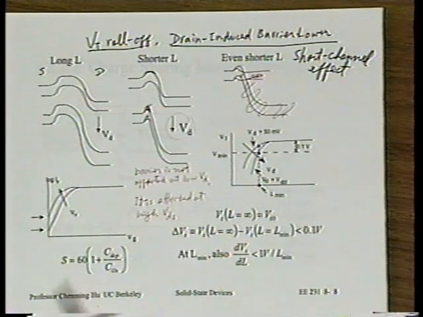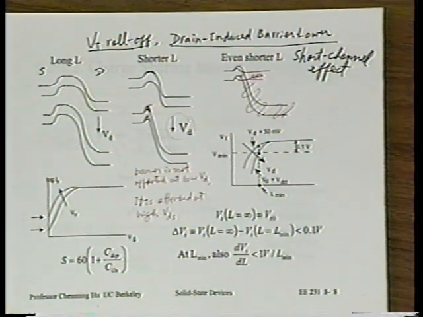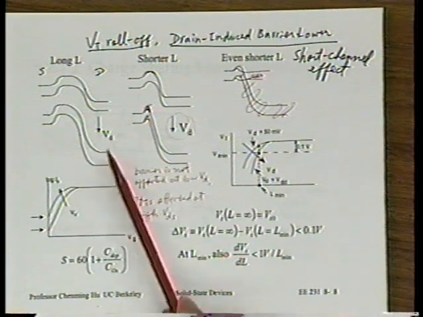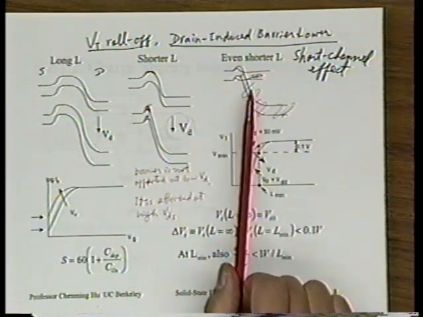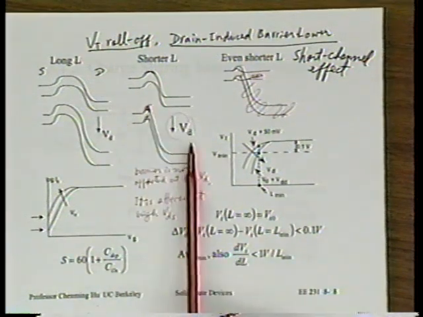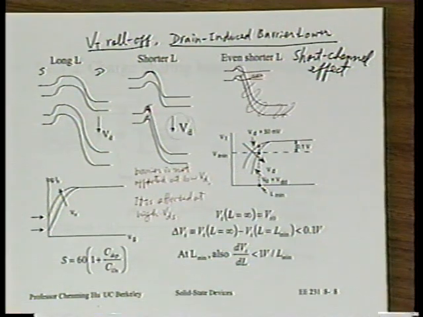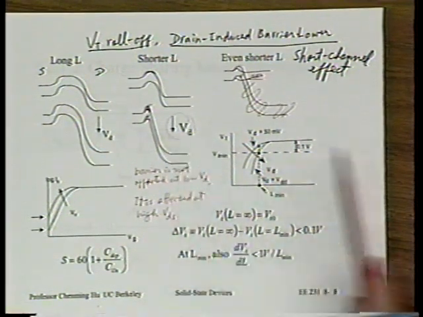Well, clearly, this is also representing the effect of the drain on the VT as well. So sometimes people don't quite agree on what they mean, but it's better that you have your own understanding of what we're talking about. The fact is that when the channel length is very small, the barrier height is affected by both VD and by L. And that's what we'll be talking about: that VT is a function of VD and L. Question?